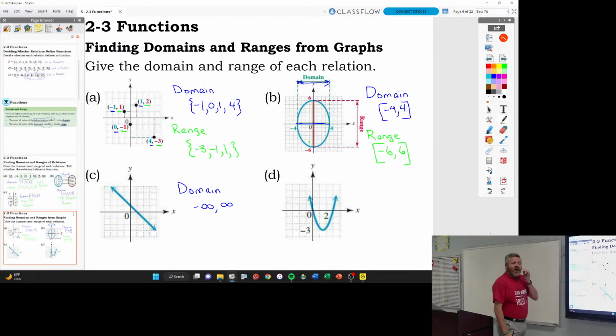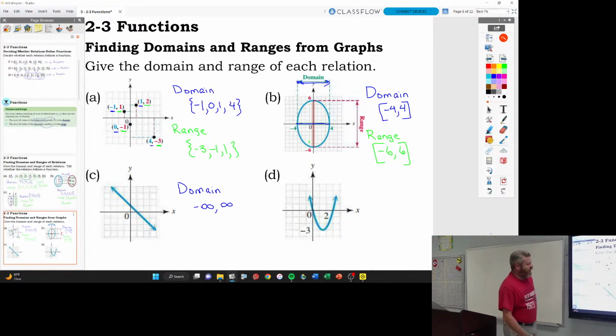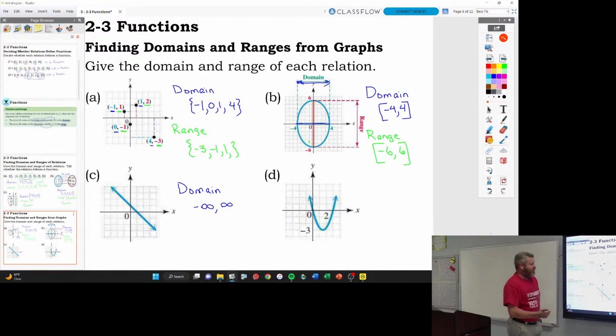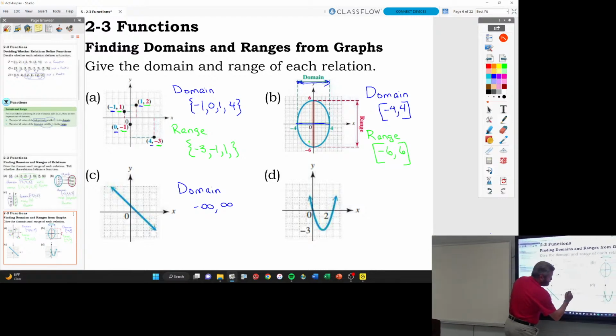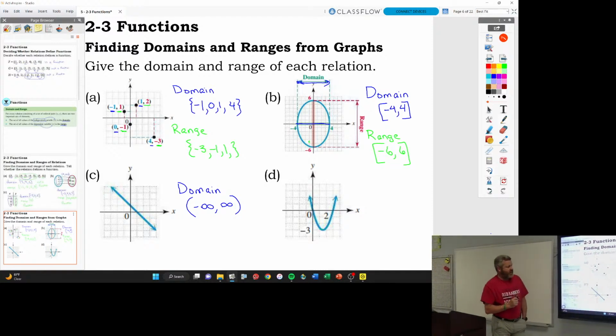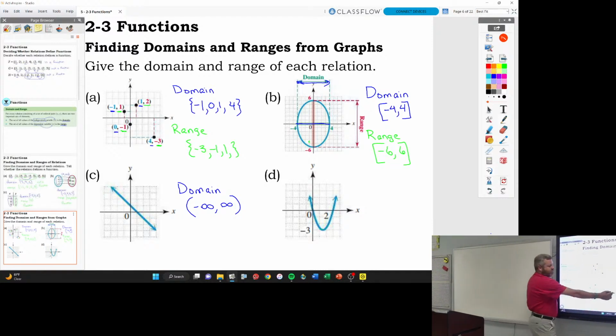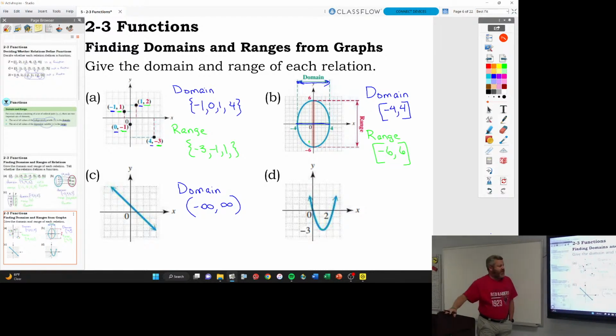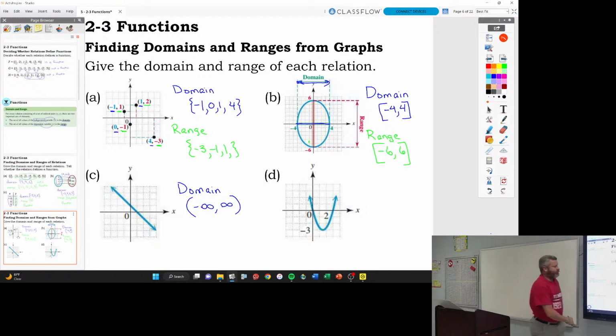And since we do not know the exact value of where this thing stops or where this thing begins, we do not use brackets. You will never put a bracket on an infinity sign, but instead, infinity signs will always use parentheses. So this thing goes to the left forever, negative infinity. It goes to the right forever, positive infinity, and it contains every number in between.